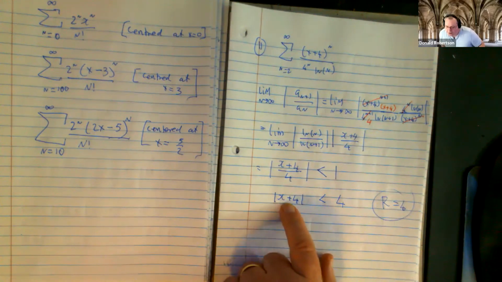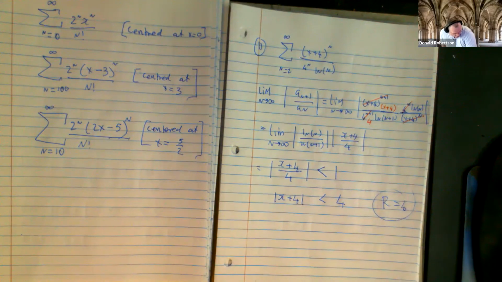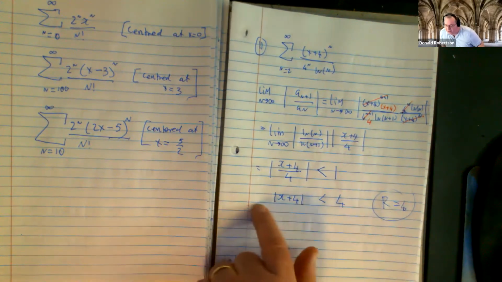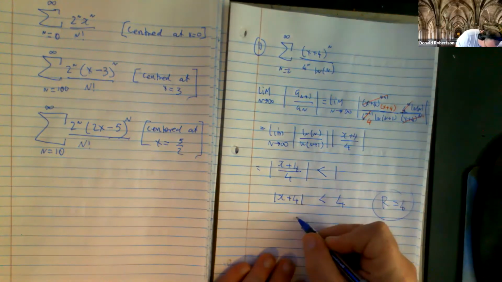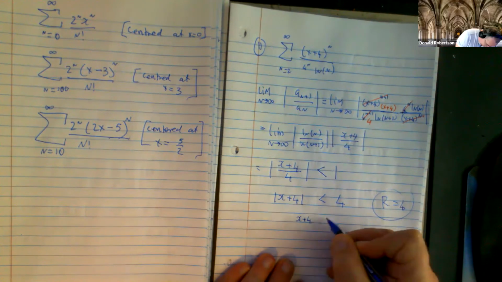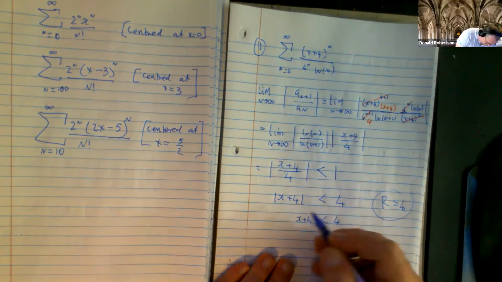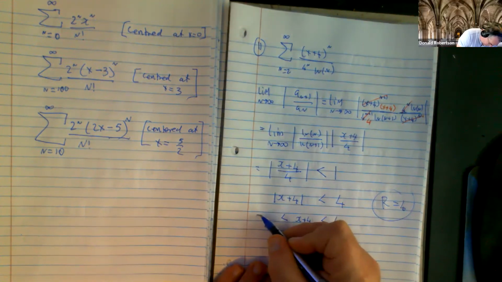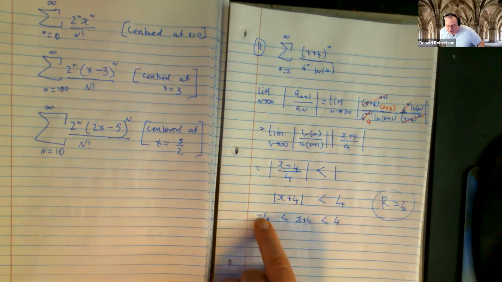Now we need to know what the interval of convergence is going to be. I'm not sure how long ago you've ever done one of these, solved an absolute value equation. So let me show you how it works. If the absolute value of x plus 4 is less than 4, then x plus 4 will be between -4 and 4.